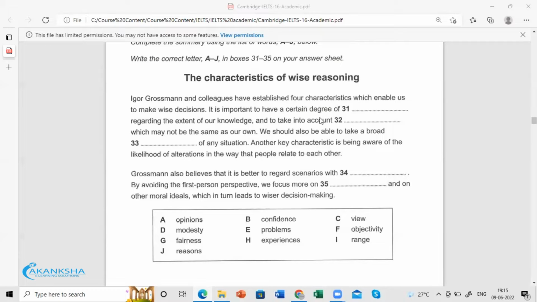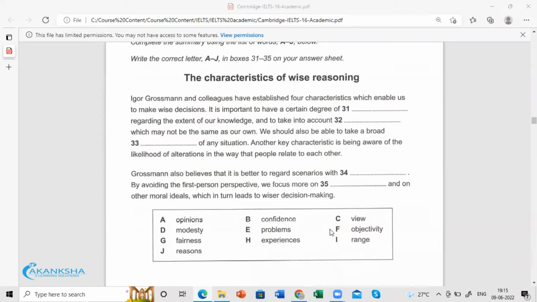It's important to have certain degree of. Once you see this in the passage, we have to find out what is the word given after the degree of, then come back here and see which word matches with that word. Then we will write the answer for that.